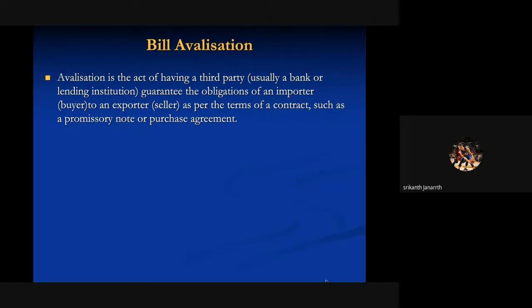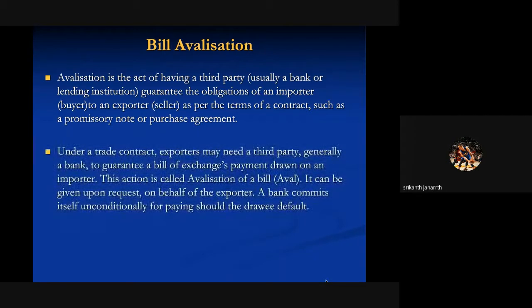So in other words, bill levelization is where a financial institution, generally a bank, adds their responsibility to accept a draft by placing an endorsement that if the drawee doesn't pay, we will pay. That is called bill levelization.